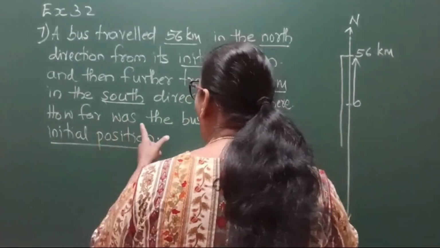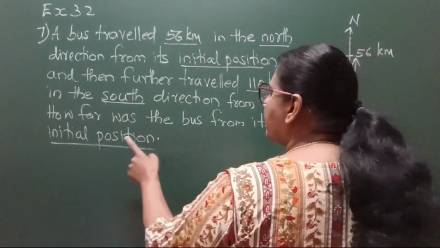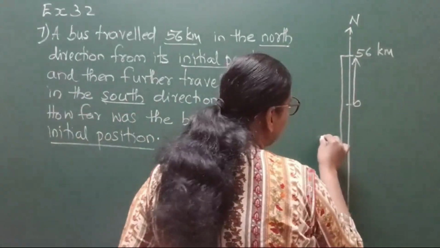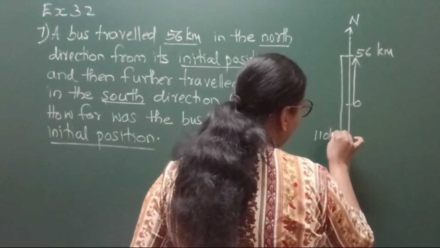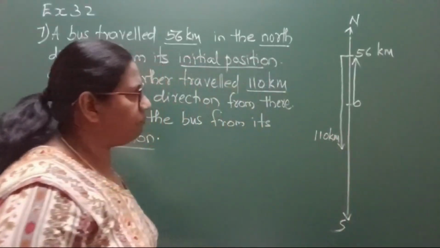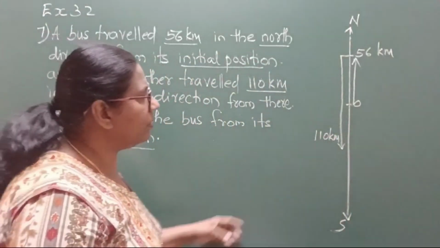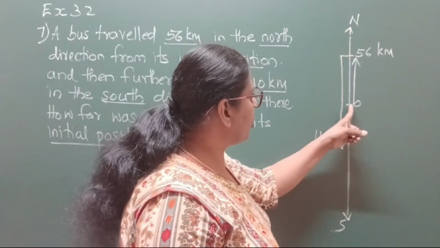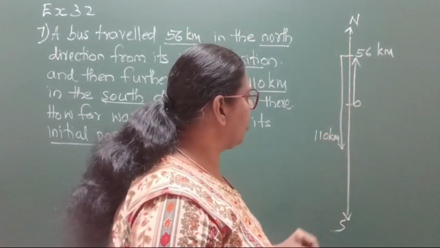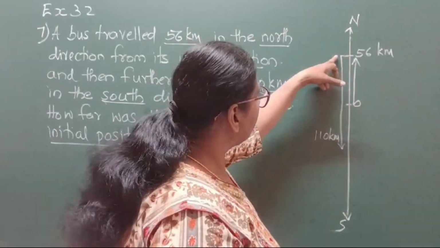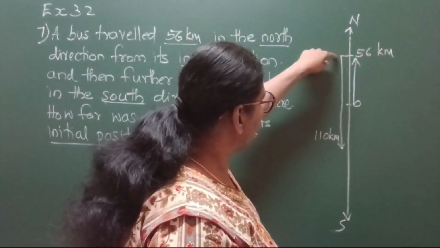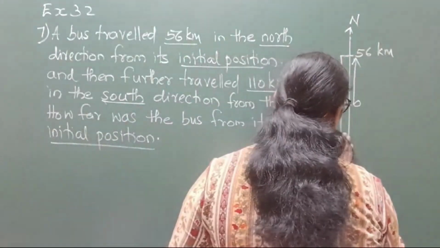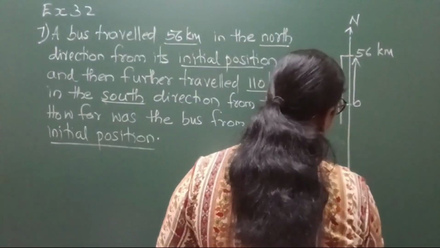Okay, how far is the bus from its initial point? It says the bus traveled from the initial point to the north 56 kilometer, and from that point, from the 56 kilometer, the bus traveled back to south 110 kilometer.